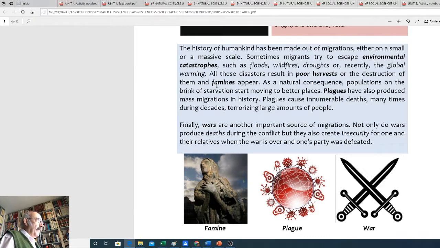Wars not only produce deaths during the conflict, but they also create insecurity for one and the relatives when the war is over and one party was defeated. So many people in this moment around the world are fleeing wars. Okay, and the sad thing is that when they want to enter another country, normally this country says no, you can't enter here. Okay, and they are confined in concentration camps.